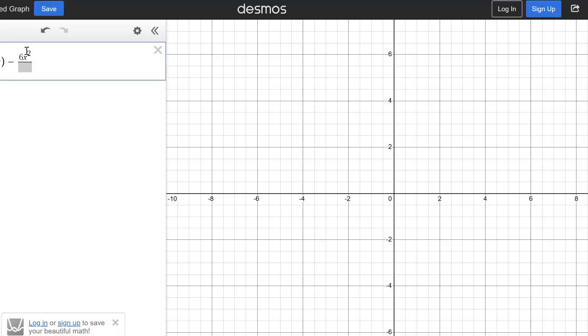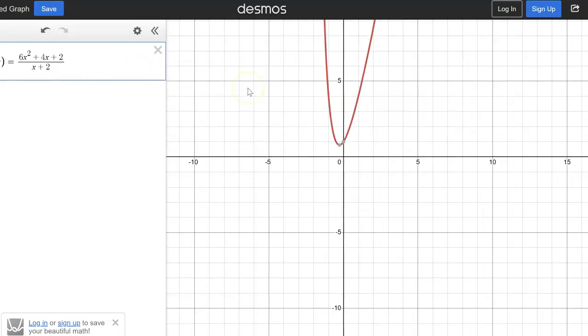Plus 4x plus 2 over x plus 2. It's weird I don't have a graph. Oh, I think I messed up. Equals. Wow. Looks nothing like it.